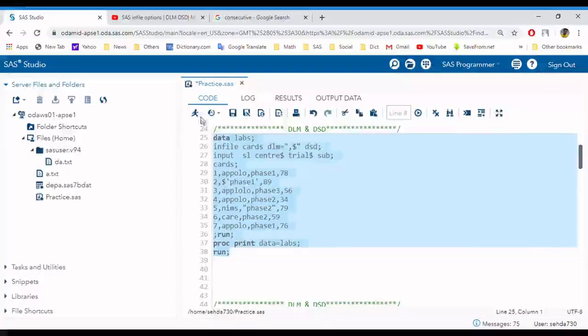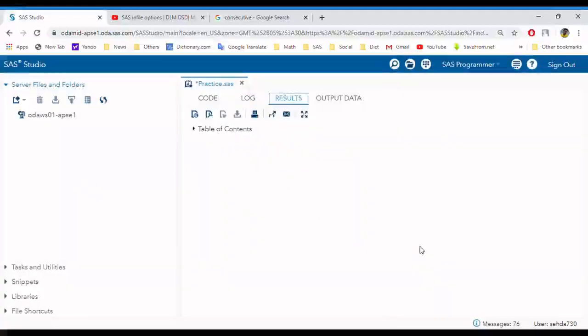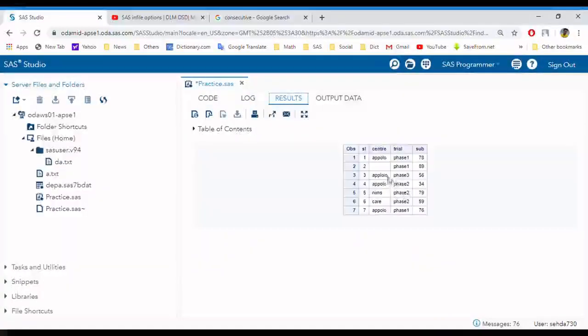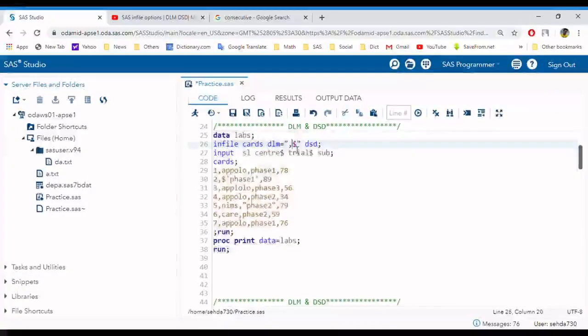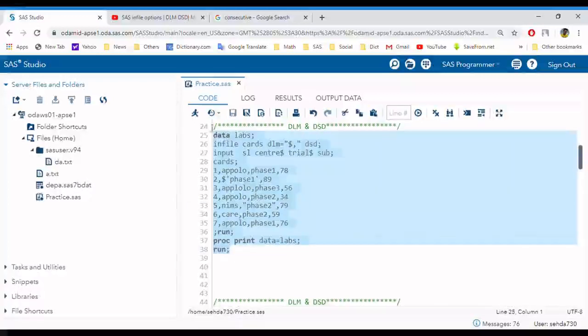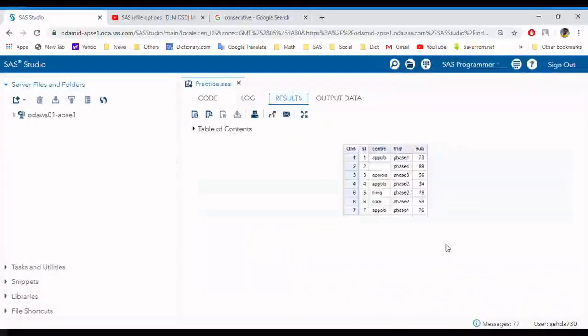One more thing I want to tell you is that it is not only the same kind of delimiters. If two different kinds of things are there, for example, instead of hyphen, if a dollar sign is there, these two are not the same, but we can say that these two are delimiters and they are together.